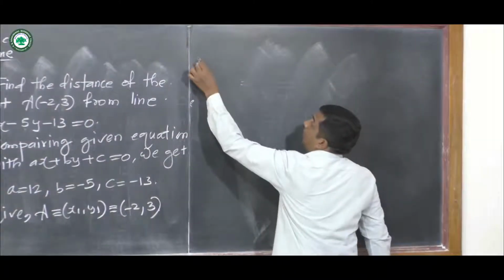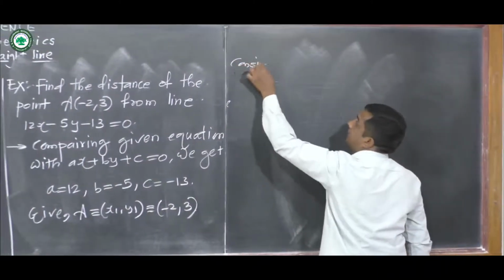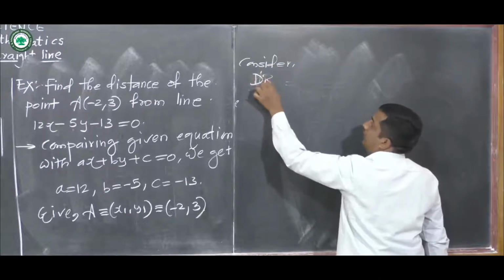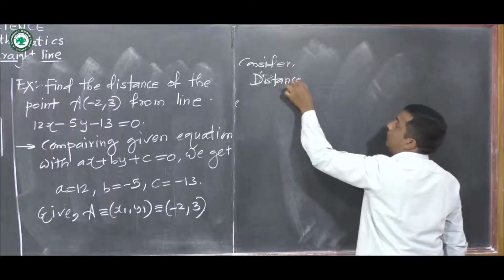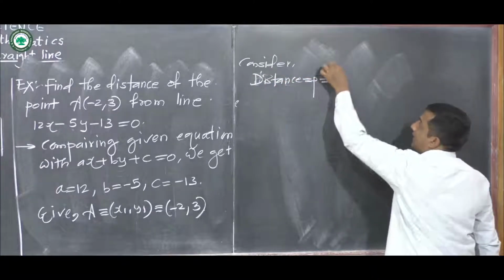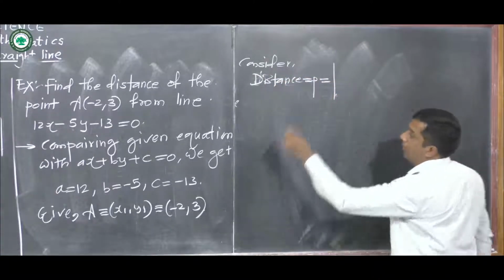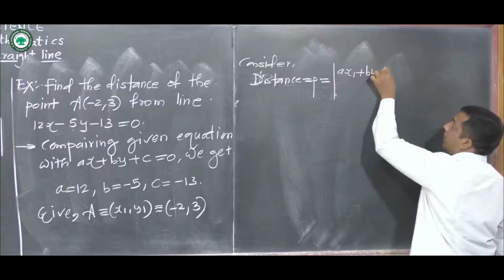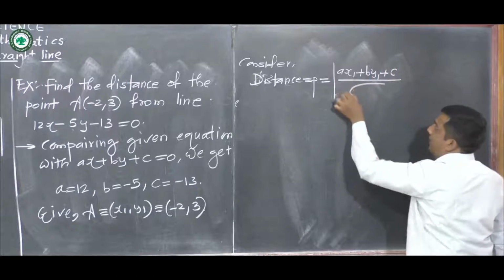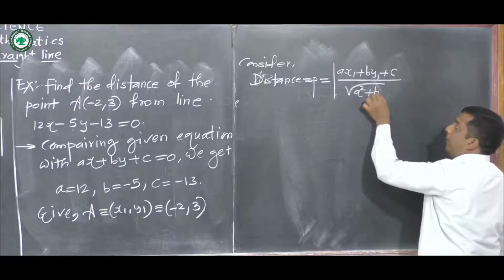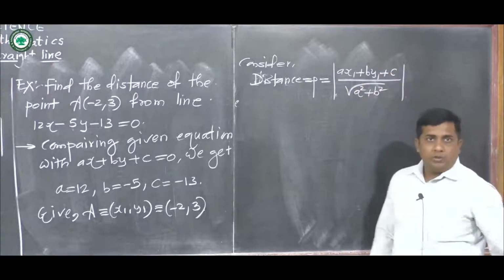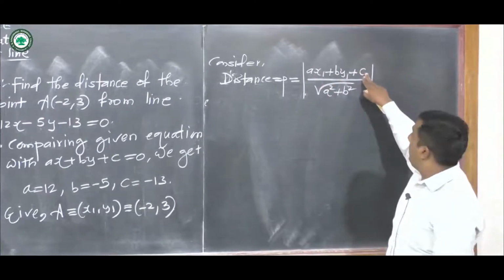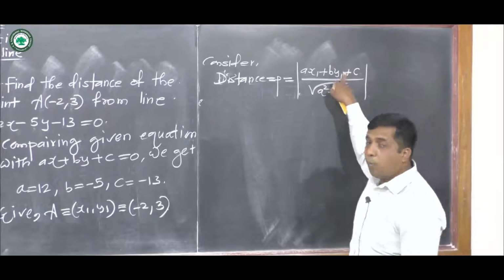So consider distance is equal to p, which is equal to, inside the mod, in our formula, ax1 plus by1 plus c, divided by square root of a square plus b square. Let's replace a, b and c. We also replace x1 and y1.